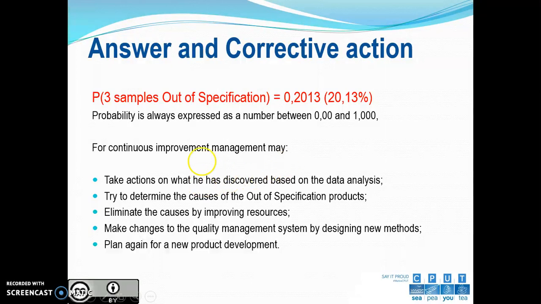Therefore, for continuous improvement, management may take actions based on the data analysis: try to determine the causes of the out of specification products, eliminate the causes by improving resources, make changes to the quality management system by designing new methods, and plan again for new product development.